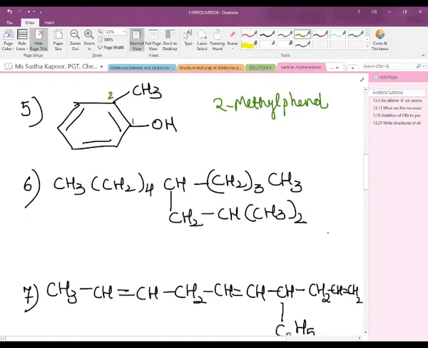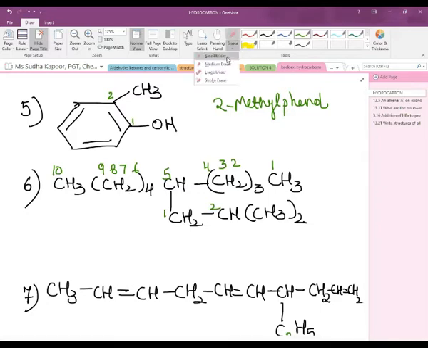Now the sixth one. In the sixth one, the numbering is done like this so that the long chain is followed as well as the branching is considered. Then 1, 2, 3, 4. Let us number it 2, 3, 4 because there are 3 CH2, then 5, 6, 7, 8, 9. In place of writing it in the open form, in the shorter way we can also write it like this, and this is 10. If these two CH3 are represented separately, let us draw it separately, although they are given together in the question.